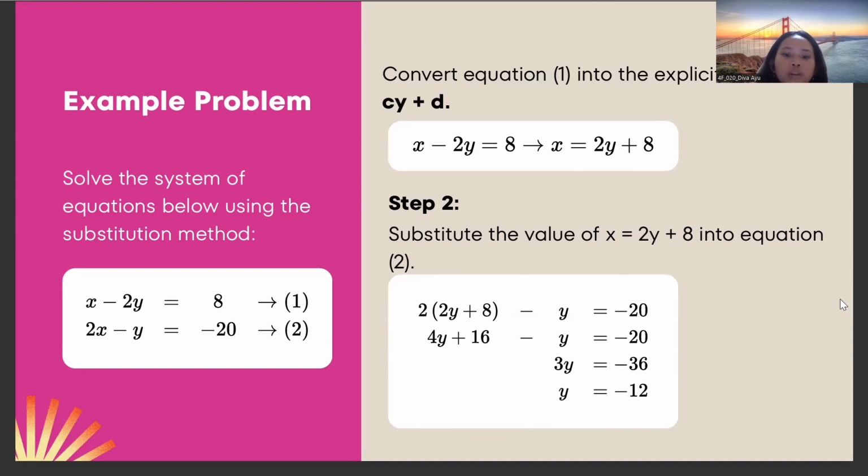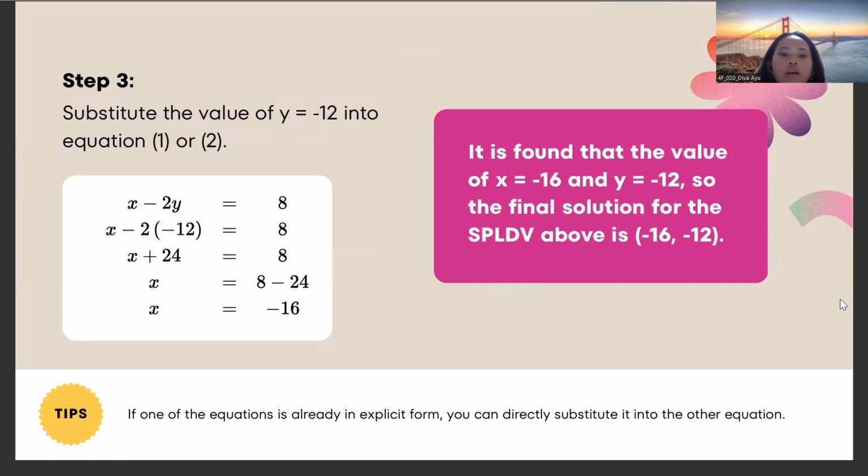Then we substitute the value back into one of the original equations to determine the remaining variable. After completing the calculation, we obtain x equals negative 16 and y equals negative 12. Therefore, the solution of the system is (-16, -12).